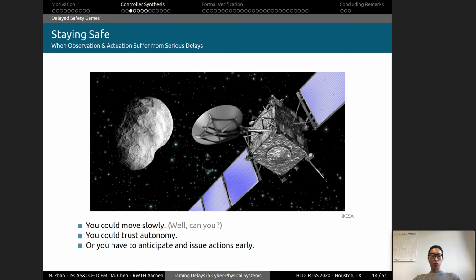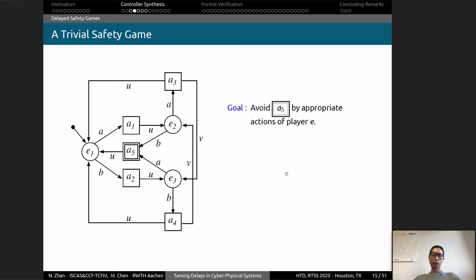So unless you could trust autonomy on the satellite, but if somehow you still want to control the satellite remotely down from Earth, then the control center on the Earth has to somehow anticipate and issue actions earlier. And this is what we call delayed interactions.